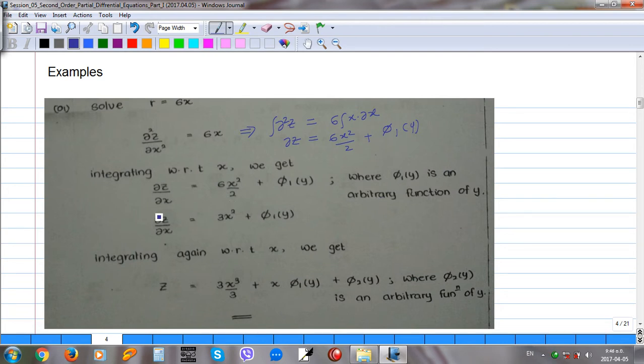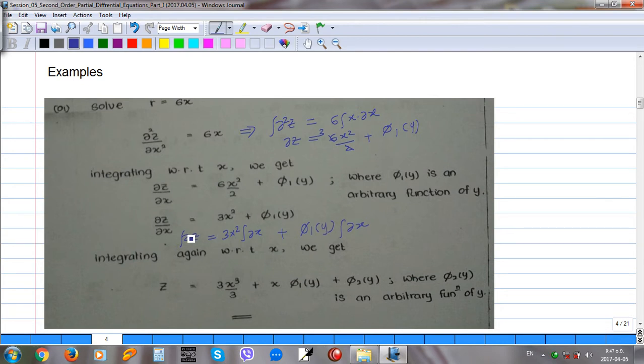So you can find ∂z over ∂x equals 3x² plus φ1(y), where φ1(y) is an arbitrary function of y. If you are adding the constant, you have to define what it is. That is not the final answer. Now you found ∂z over ∂x, so you have to integrate again with respect to x: 3x² ∂x plus φ1(y) ∂x.